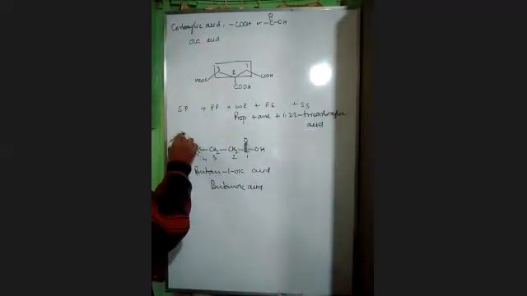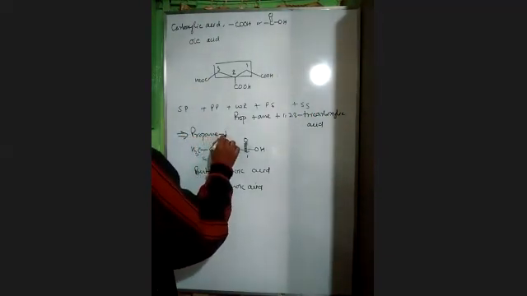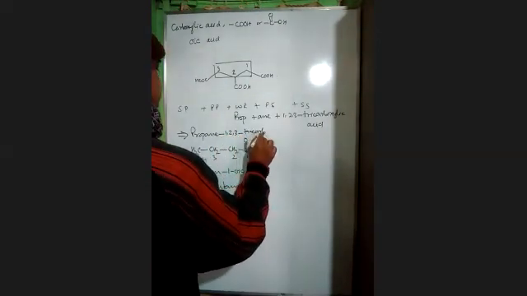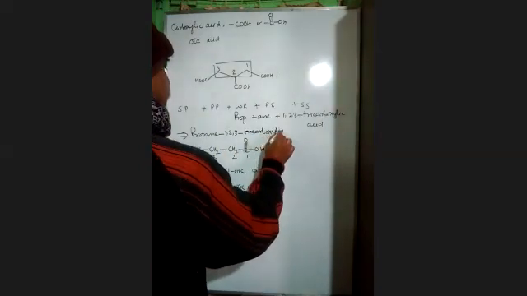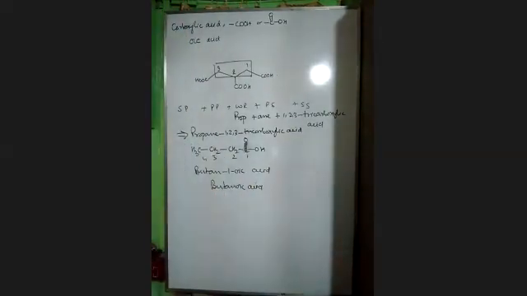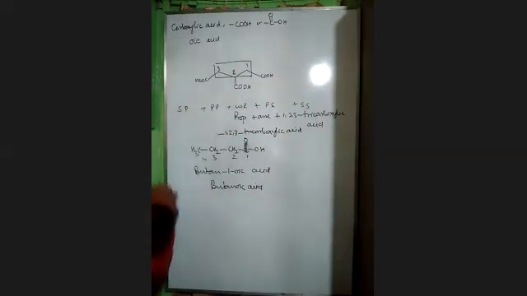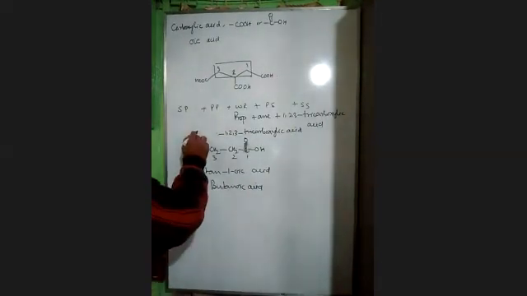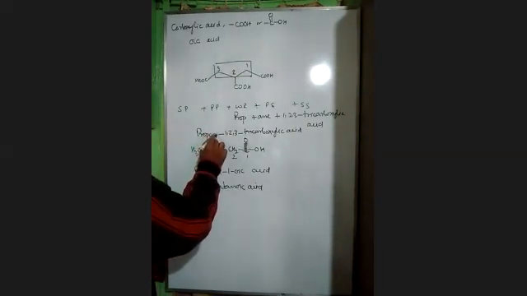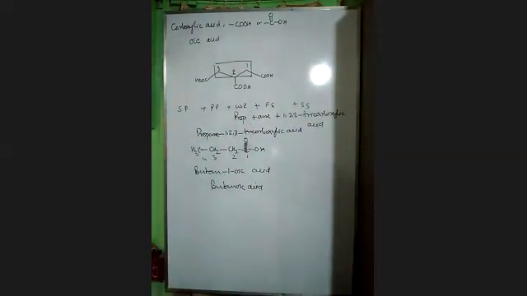So the name of the compound is propane-1,2,3-tricarboxylic acid. This applies when the group is outside the main chain. See, this is not a vowel, so the E will be there.